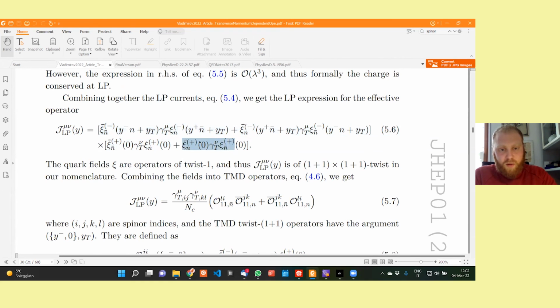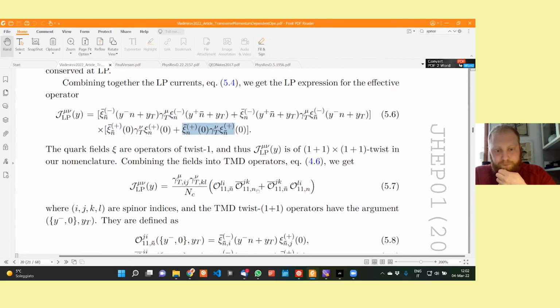When you take the product, you get psi n, psi bar n, gamma t nu, psi n bar n bar, gamma mu t, which is exactly this operator, this combination right here.